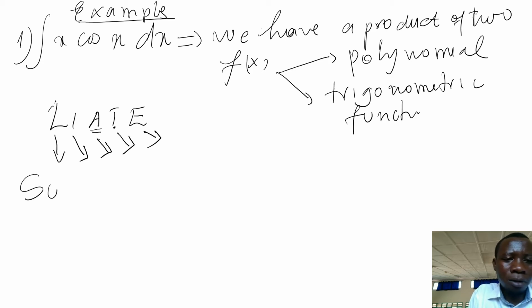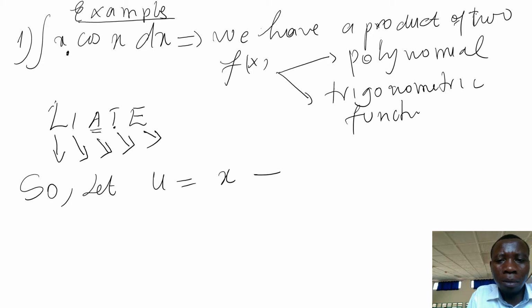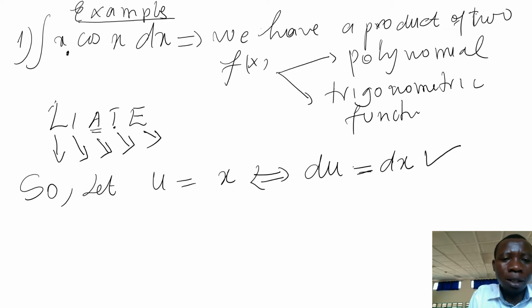So let u be x, because here I have x. I differentiate, and I get du equal to dx. And since T comes after A, we take dv to be equal to cos x dx.